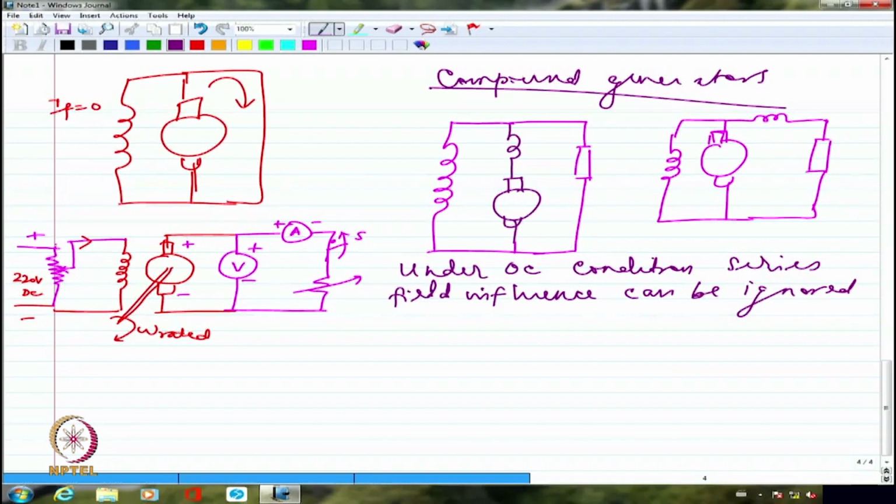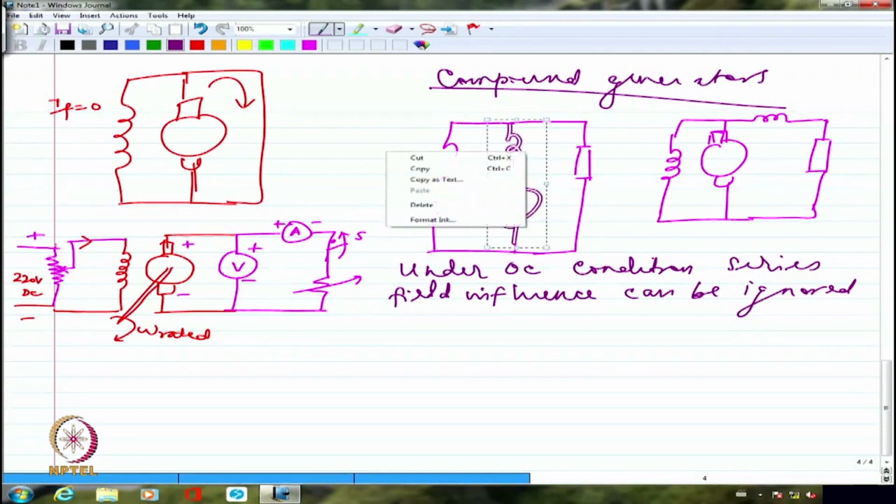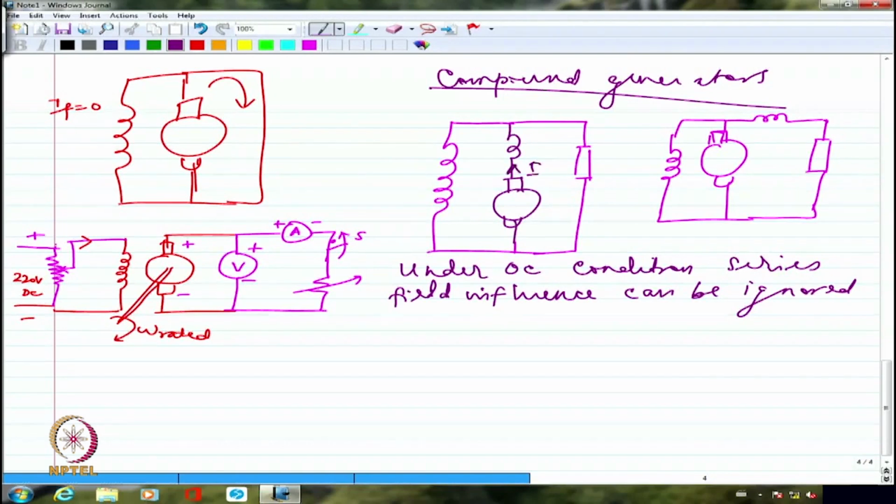In long shunt, the series field carries the armature current, whereas in short shunt it carries only the load current.